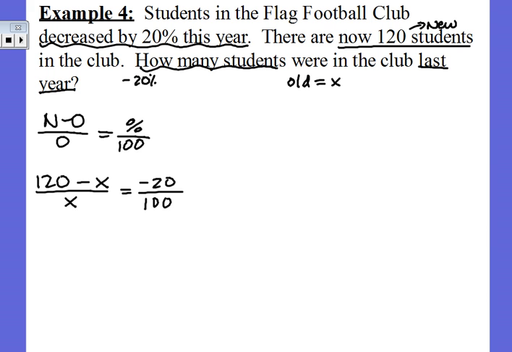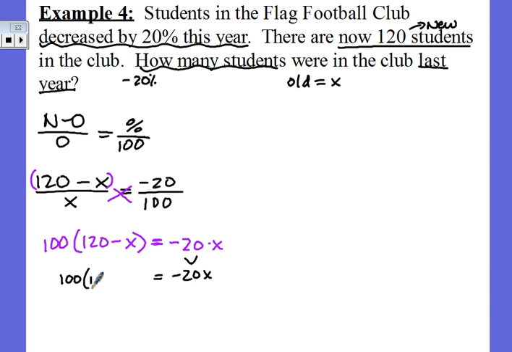So again, we're going to cross multiply, but we're going to keep my numerator in parentheses since the fraction bar groups it. We've got 100 times 120 minus x equals negative 20 times x, because I set my cross products equal. I can simplify just by writing this as negative 20x is equal to 100 times 120 minus x, and then I solve it like a multi-step equation.